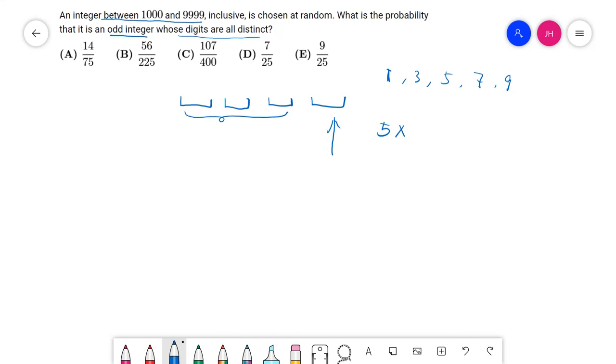Actually, we should separate the first digit from the other 2 because these 2 digits can take a value of 0, but this cannot. The leading digit got to be an integer greater than 0. So let's consider the first digit first.